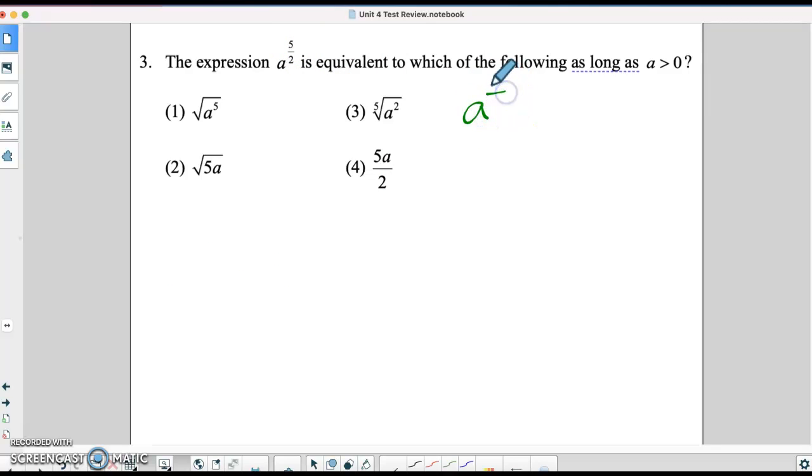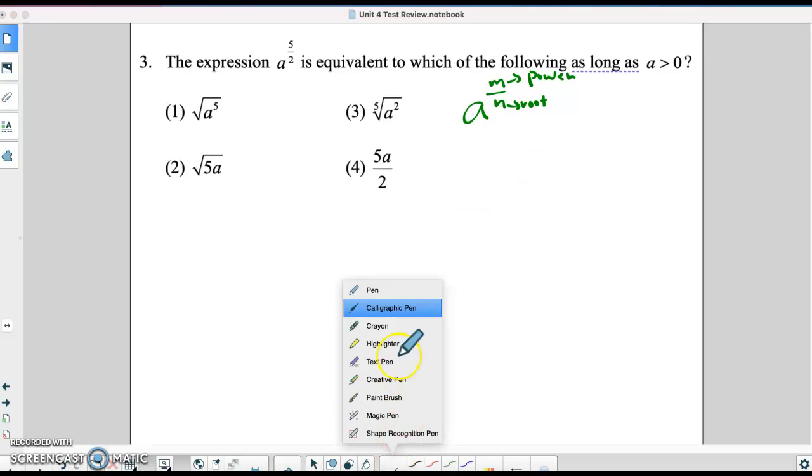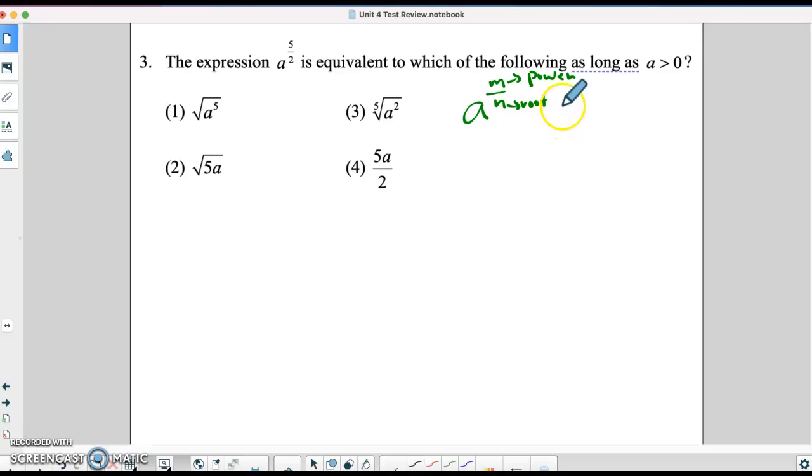For a to the power of a fraction, the denominator is the root and the numerator is the power. So you can write it in radical form: a to the m over n is the nth root of a to the m.